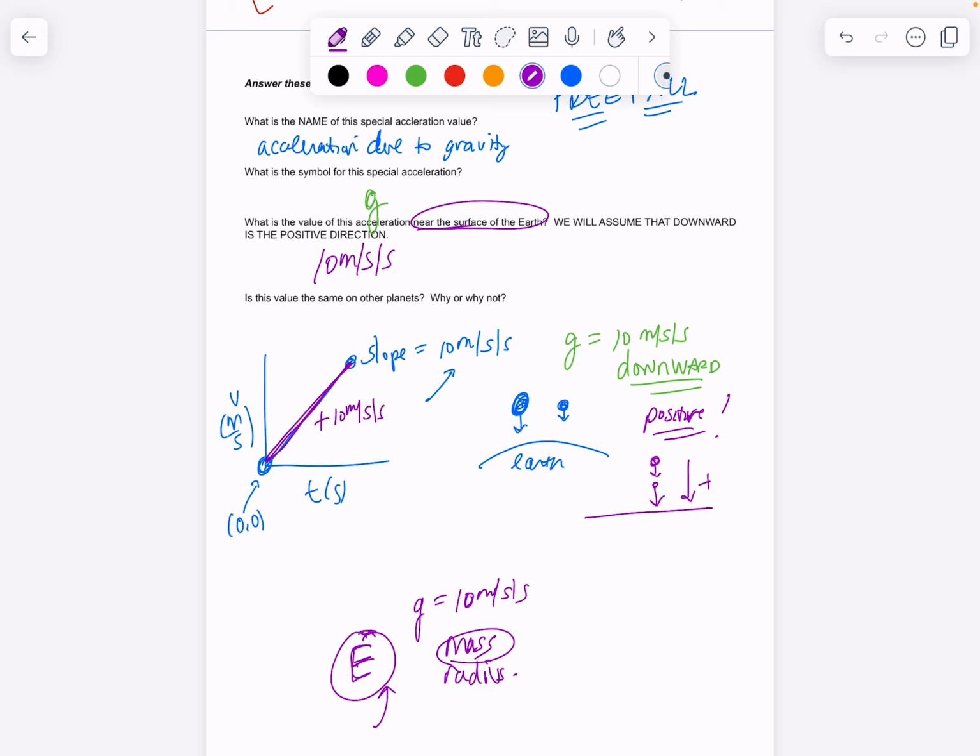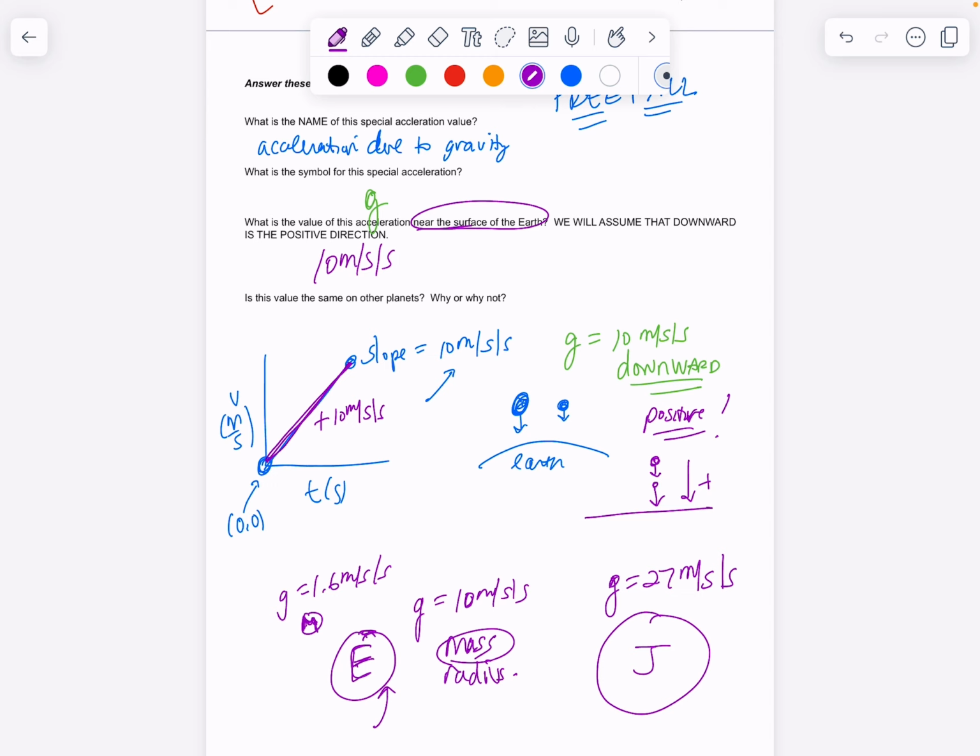Depending on if it's a bigger, heavier object, like Jupiter, for example, its acceleration due to gravity is around 27, and the moon is around 1.6. That's because the moon is much less massive than the Earth and much smaller. If you've ever seen moon videos where the astronauts are walking around bouncing, it's because there's not as much pull from the moon to pull them down.